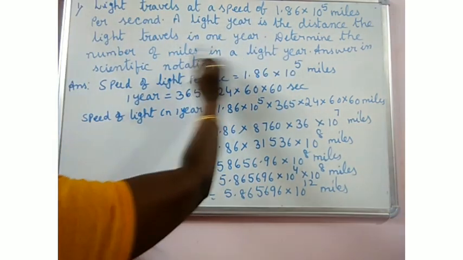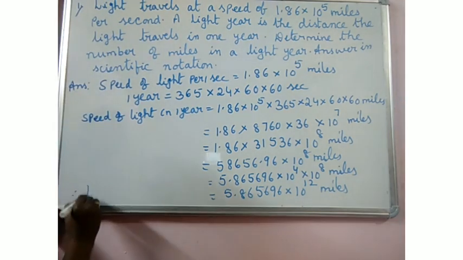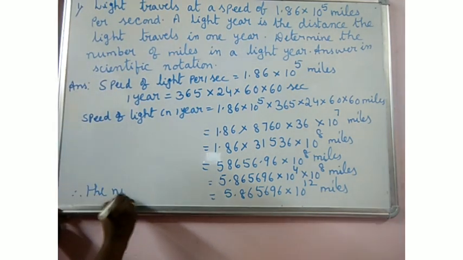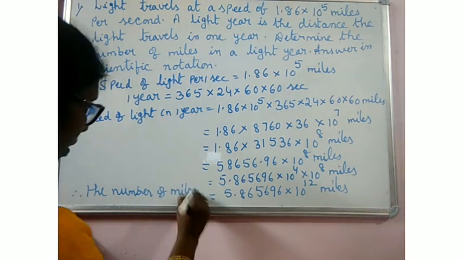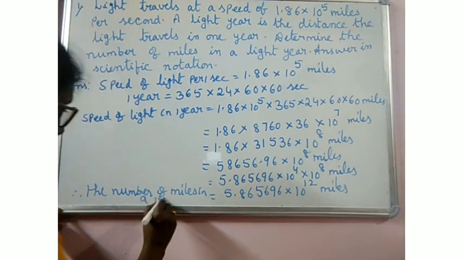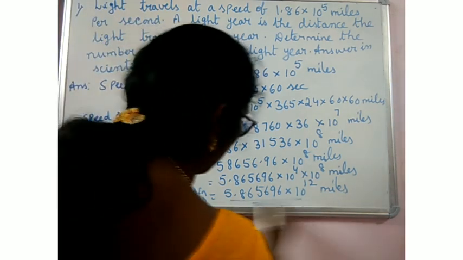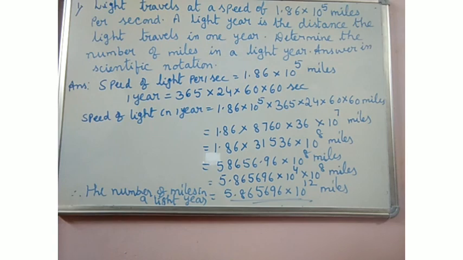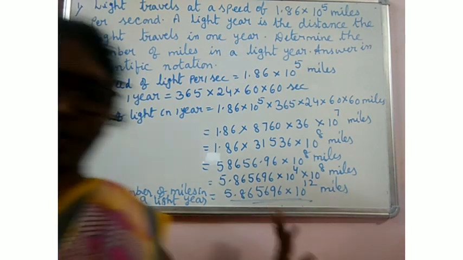That is what the question asked. The number of miles in a light year is this. Therefore, in a light year, the number of miles is equal to this much. You have to show the answer in scientific notation.